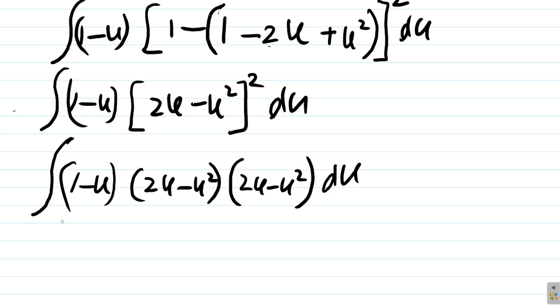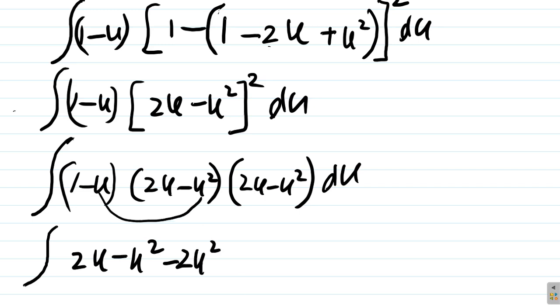Now let's multiply out. The integral of, now this is 1 times 2u, giving you 2u. 1 times minus u squared. Negative u times 2u is going to be minus 2u squared.